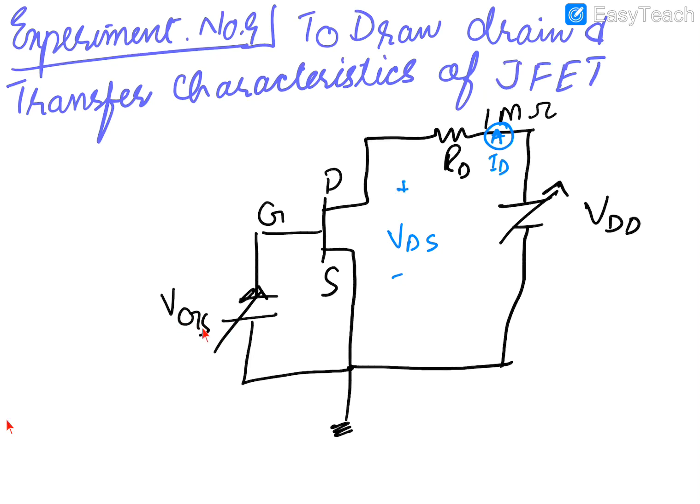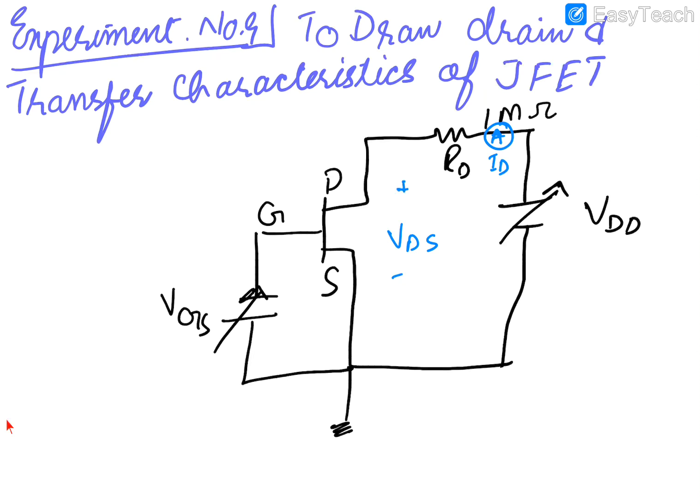VGS value will be in negative volts, as the gate to source terminals are reverse biased in the case of N-channel JFET. So you will change VGS from 0 to minus 5 volt with an interval of minus 0.5: 0, minus 0.5, minus 1, minus 1.5, and you will measure the value of ID.